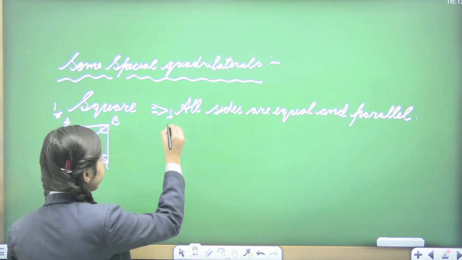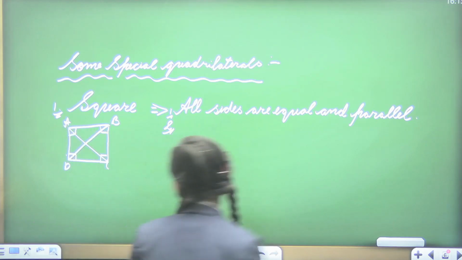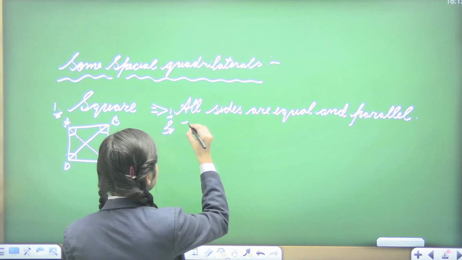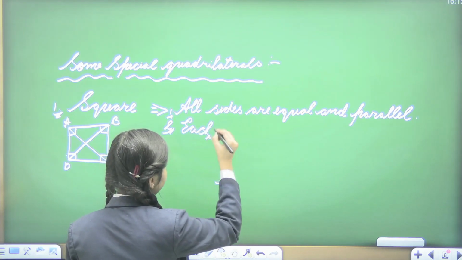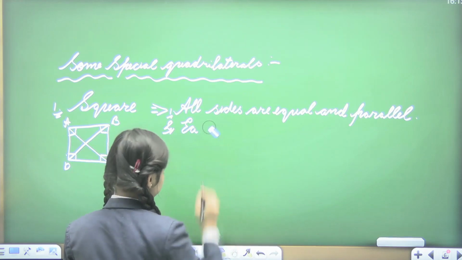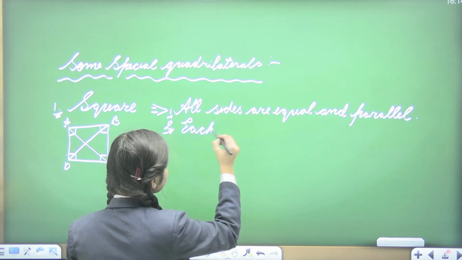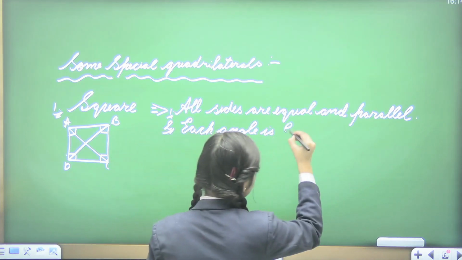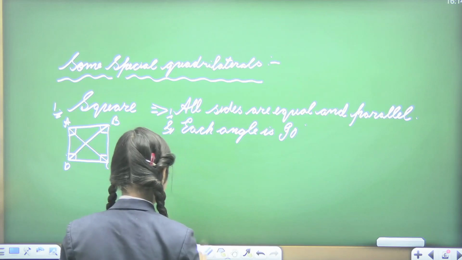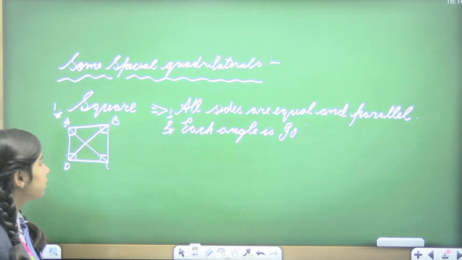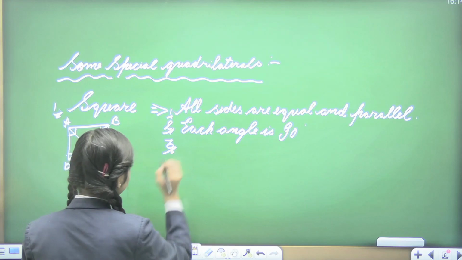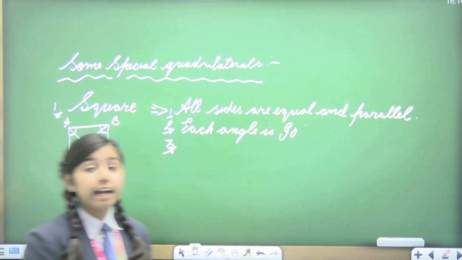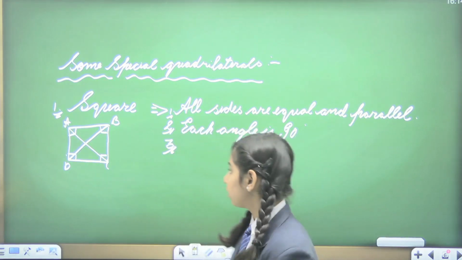And the second point is that all its angles are 90 degree, like each angle is 90 degree. And then the third point is that its diagonals are equal and they bisect each other.